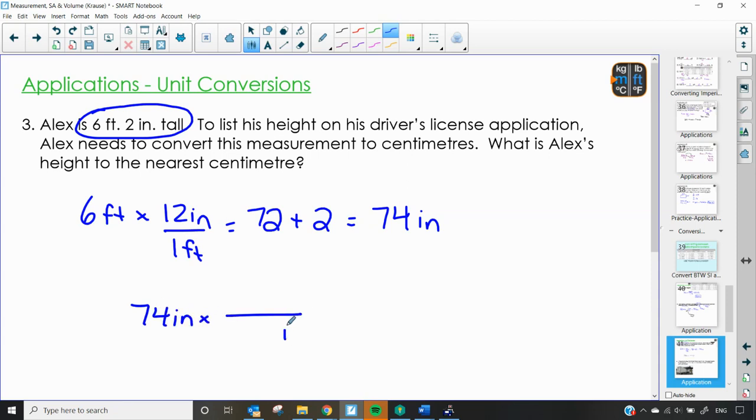We want to get rid of inches and introduce centimeters. Looking at our conversion chart, there are 2.54 centimeters per 1 inch. So 74 times 2.54 gives me 187.96 centimeters.